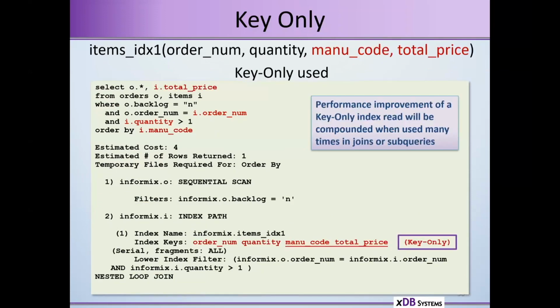So now what we're doing here, we're adding in to our index the column we're using for the order and the column in the select for the same table, this items table. Now what we see is we see these magic words key only to the right of the index being used, telling us, hey, I don't need to go to a data page. I just need to read the index page because I've got everything I need.